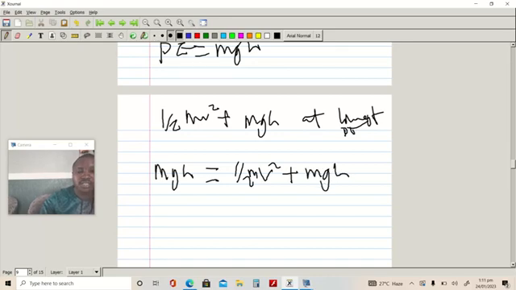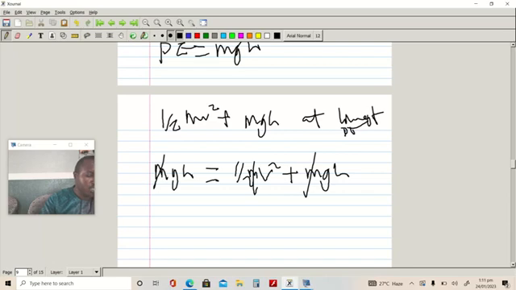Your total energy is equal to kinetic energy plus potential energy. Solving through all this, m cancels out. So you have gh is equal to v squared over 2, plus gh.